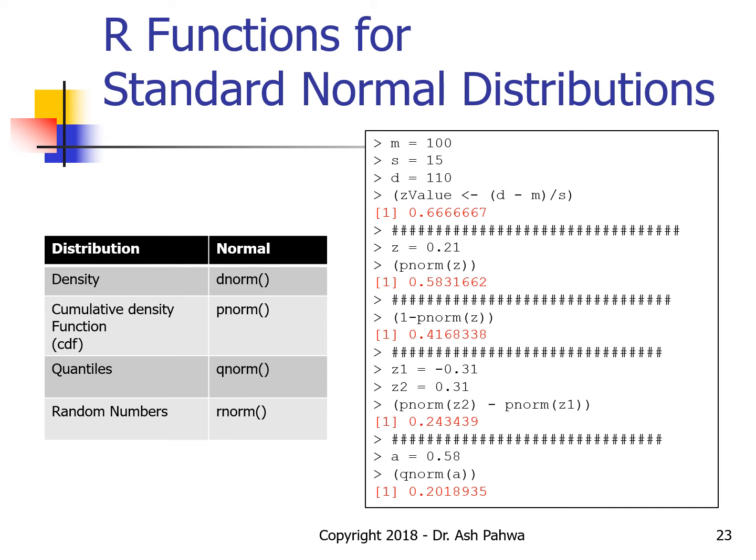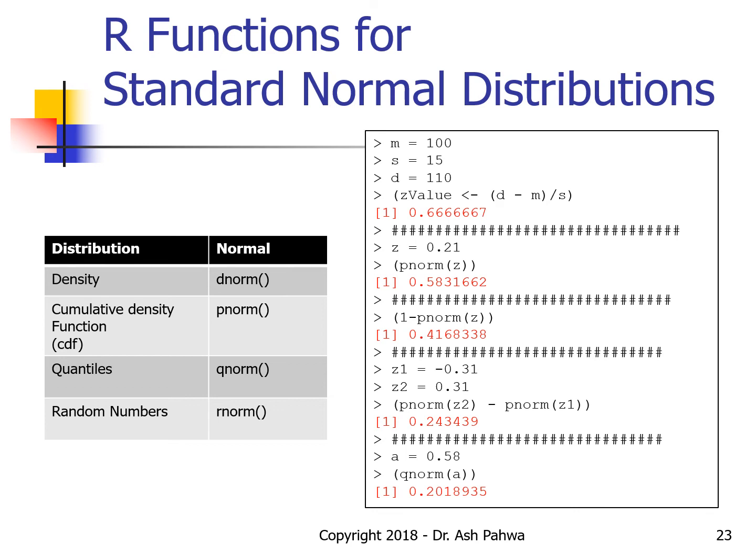Now, given the z value of 0.21, we can compute the area using the pnorm function. When we feed in 0.21, we get 0.5831. Similarly, I can also determine the area on the right hand side from the z value, which is going to be 1 minus pnorm.